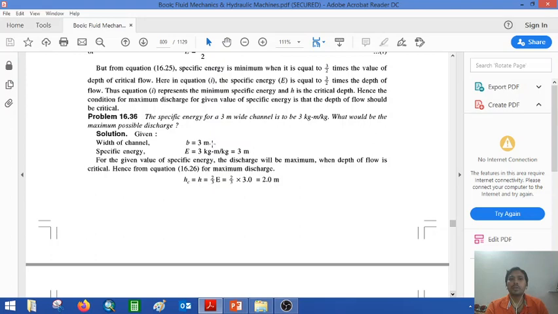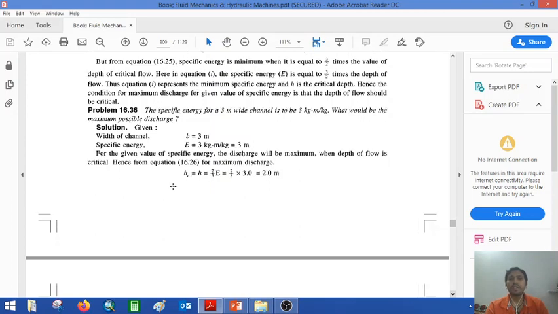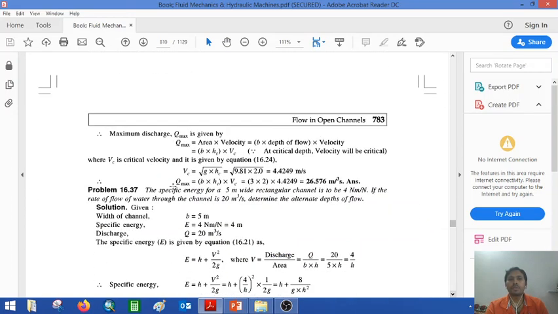Then b is equal to 3 meter, E that we have derived is 3 meter. Now critical depth we have derived as 2 by 3 into E. So we get the answer as 2. So hc, that means the critical depth, is 2 meter. So this is all about that.